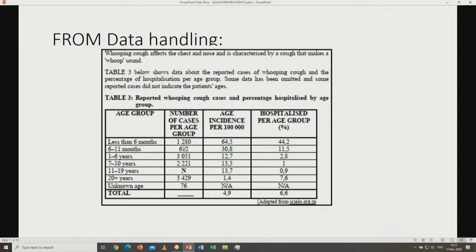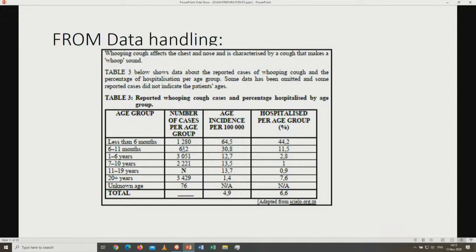Of this 1,280 babies, not all of them are going to go to hospital. Some of them will get just mild symptoms and the parents can look after them at home. But of this 1,280, about 44.2% will be hospitalized.